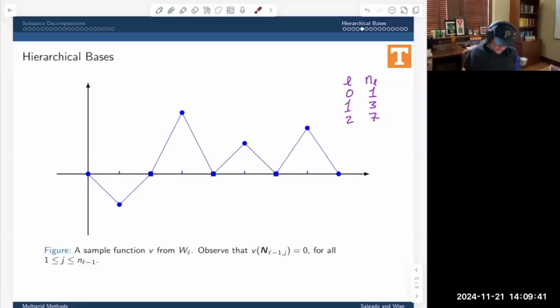So which ones should we use? Keep in mind, if L is equal to 2, we're punching out the degrees of freedom at the nodes which exist in level L minus 1. So on these 3 nodes, we're zeroing that function out.